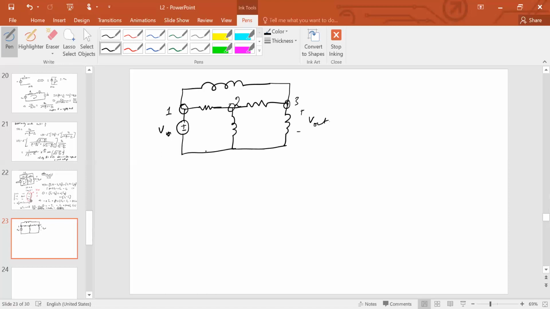The question is, how do you know? These loops are very obvious to identify: loop 1, loop 2, and loop 3. It was very straightforward that way. So how do you know that these are the nodes that will suffice? In this case, of course, it is not a big question. You just see that all these nodes are common.